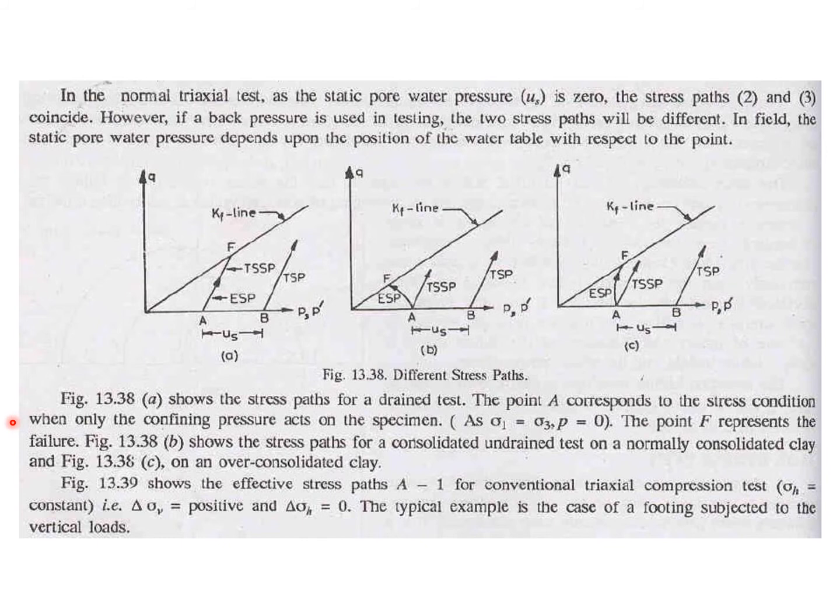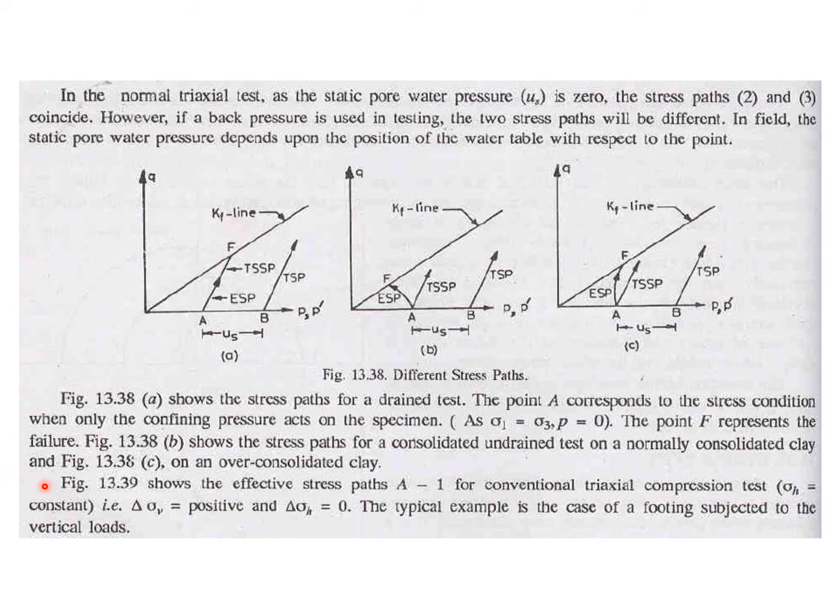The point F represents the failure. Figure B shows the stress path for a consolidated undrained test on a normally consolidated clay, and figure C on an over-consolidated clay.